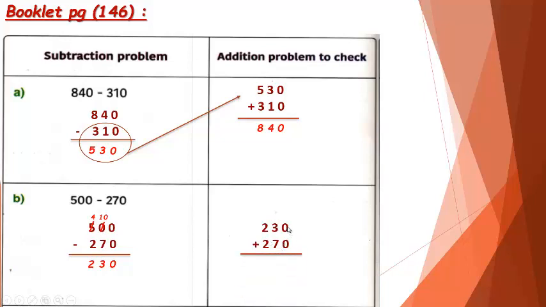Start from the ones place. 0 plus 0 equals 0. 3 plus 7 equals 10. I'm going to write only 0 and carry 1. 1 plus 2 equals 3. 3 plus 2 equals 5. So I've got the sum equals 500. It's the same number here. So we are right.